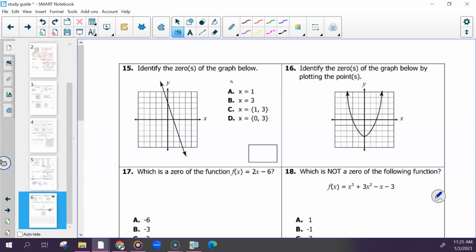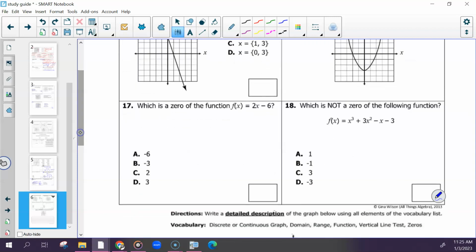Do we have any questions on this page? This one you would put in your calculator.